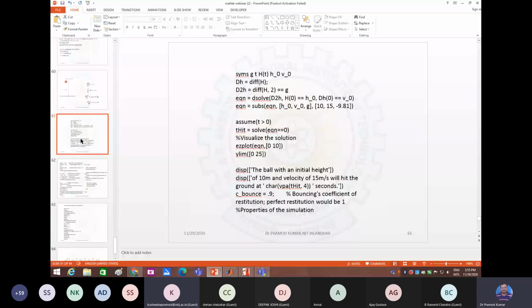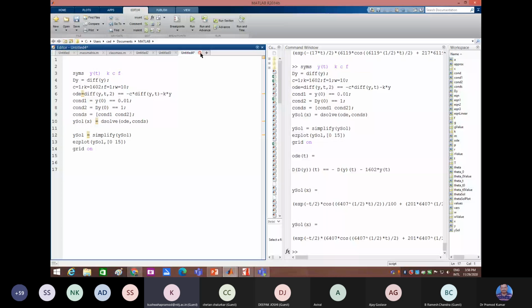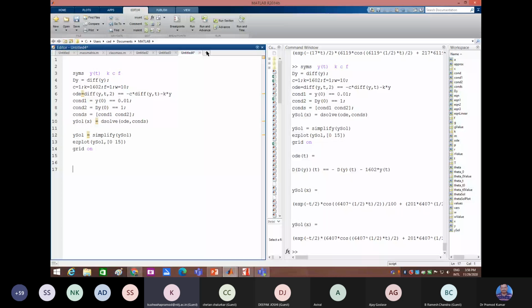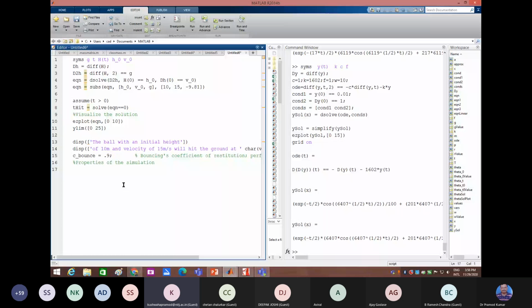I will show you the result of this by copying this from here into your Matlab, and let us write in this itself. Here another program we will add, and then we will see how it works, because similar things we do here again.